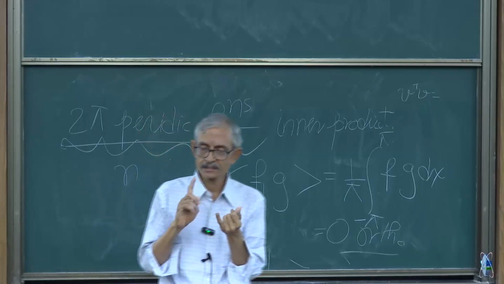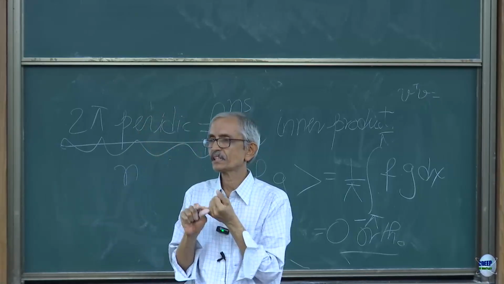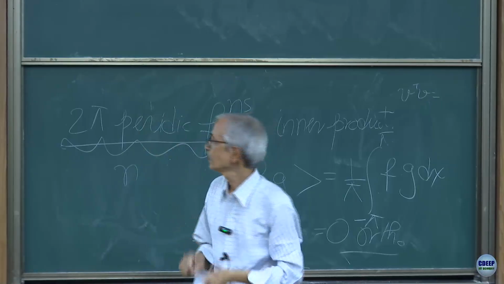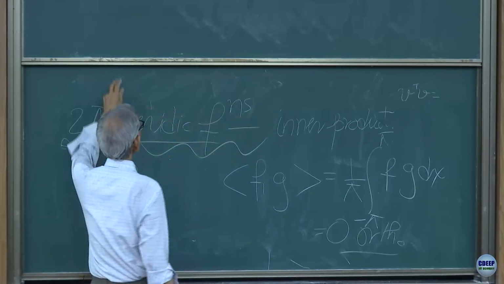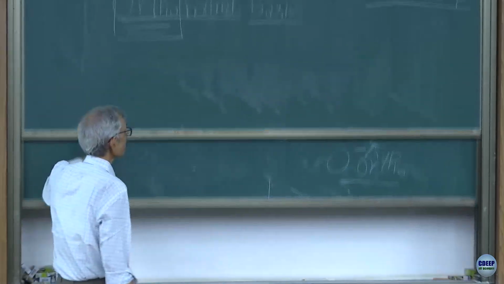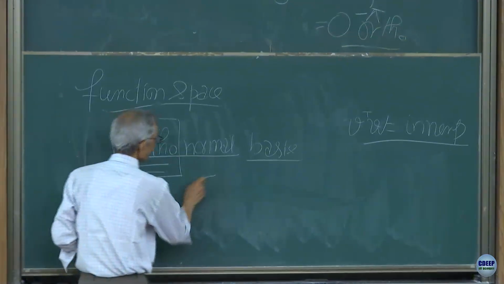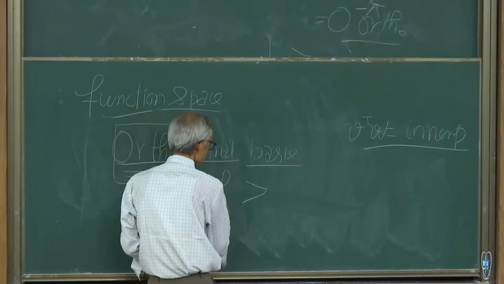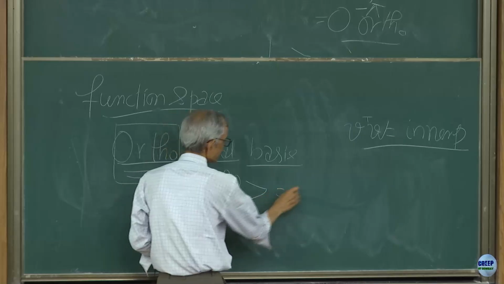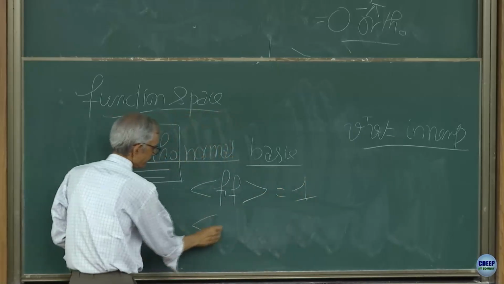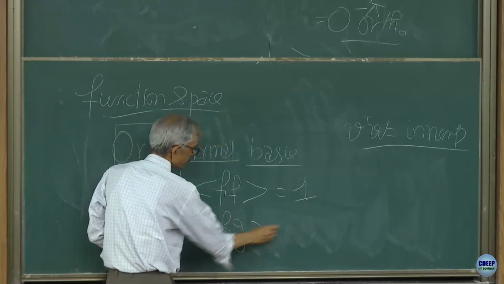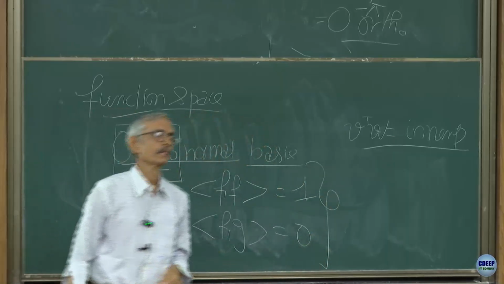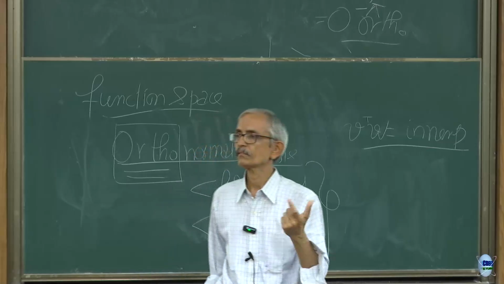An orthonormal basis function set will have inner product f comma f equal to 1 and f comma g equal to 0.